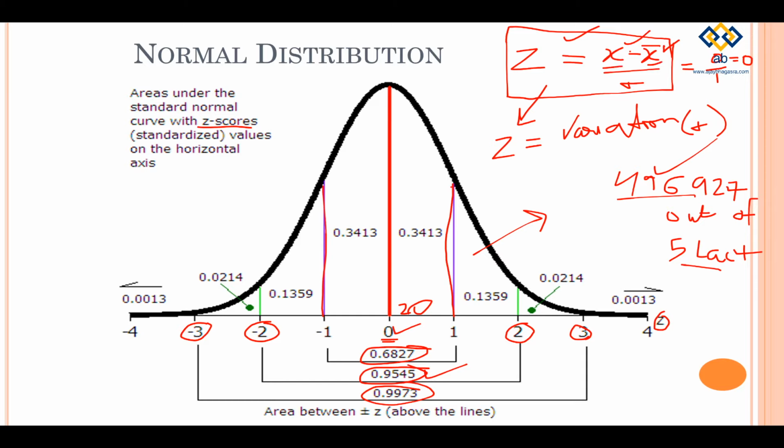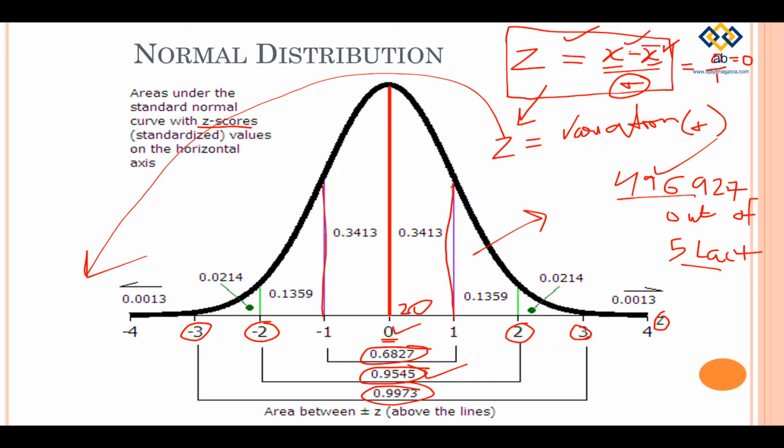Can I say Z is measuring what? You can write it down somewhere and understand it later on. If you understand it now, fantastic. Z actually tells you how many standard deviations away you are from the actual mean. Because look at this, Z is having sigma, which is standard deviation, in the denominator.